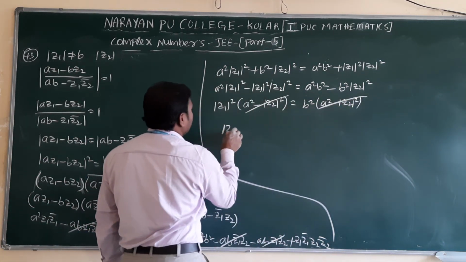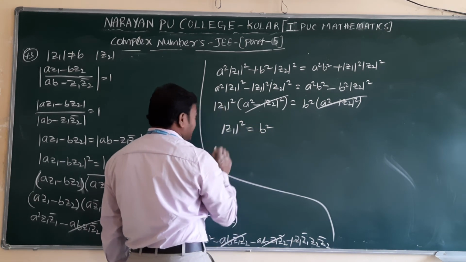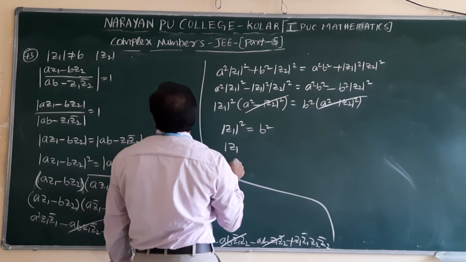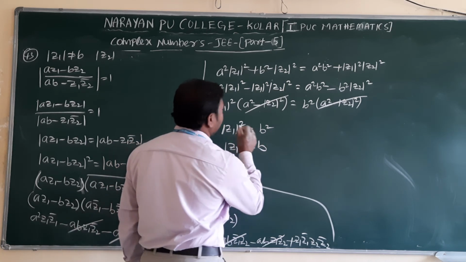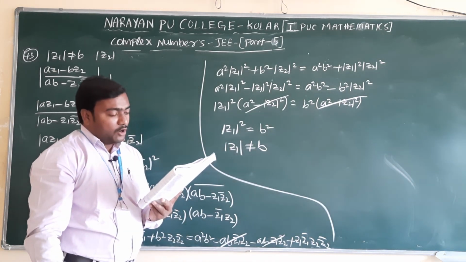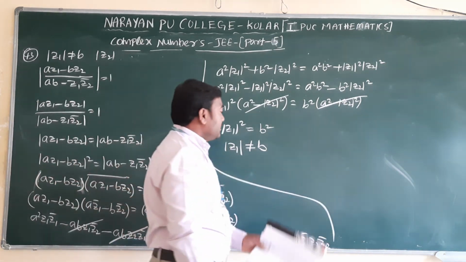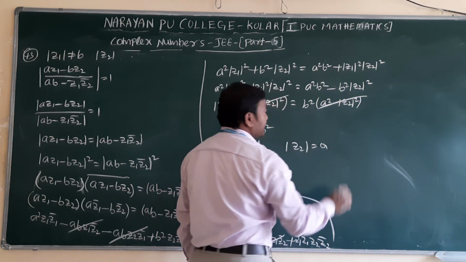Now remaining modulus of z1 whole squared is equal to b squared. But the given condition is modulus of z1 is not equal to b. So modulus of z1 is not equal to b, then the value of modulus of z2 is a.